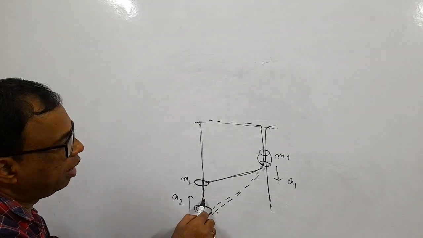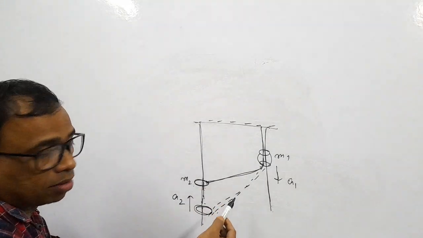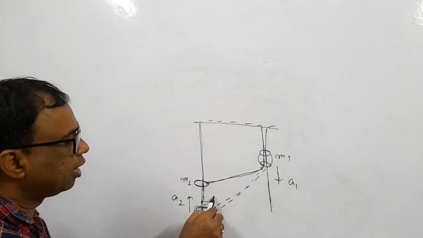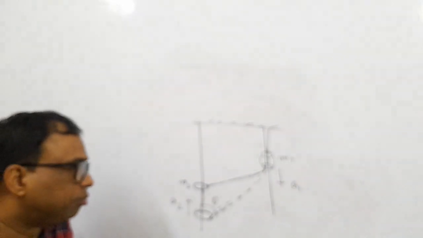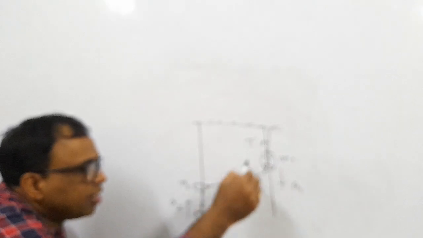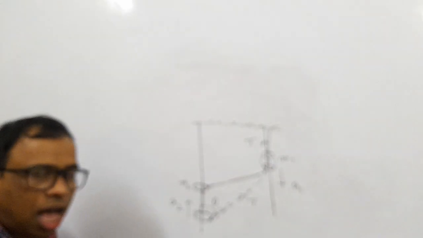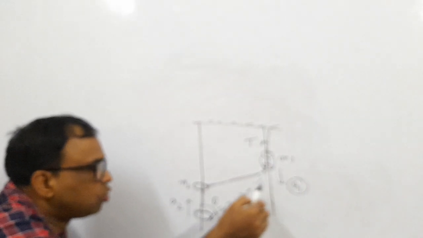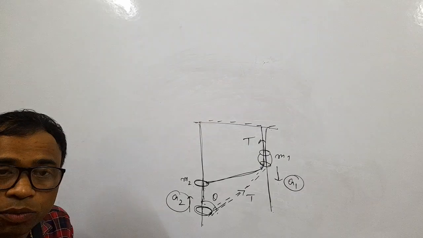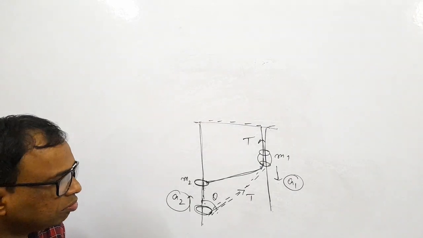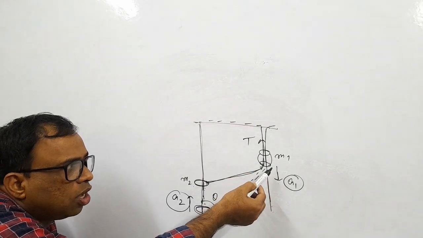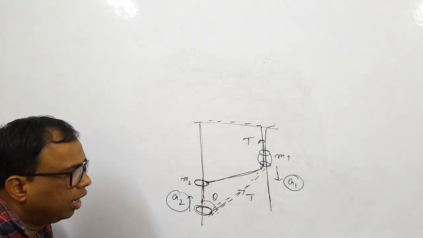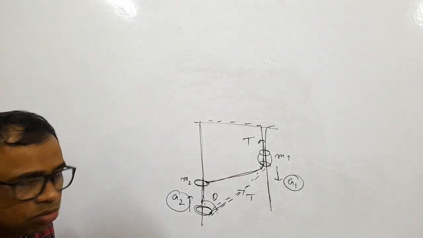And suppose at any instant of time this angle is theta, and the tension in the string is T. Then how can you find the relations between these two accelerations? Easily, within 10 seconds, you can find it. At first, watch what is the effective tension on M1 and what is the effective tension on M2.